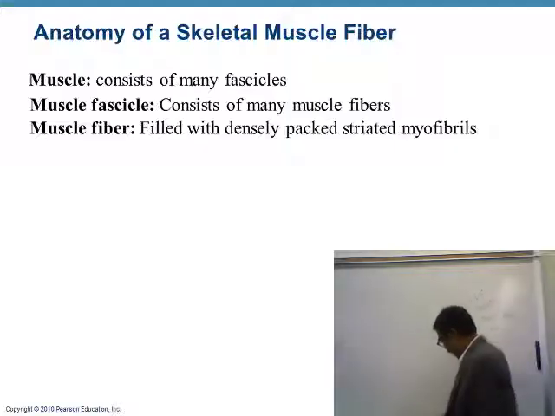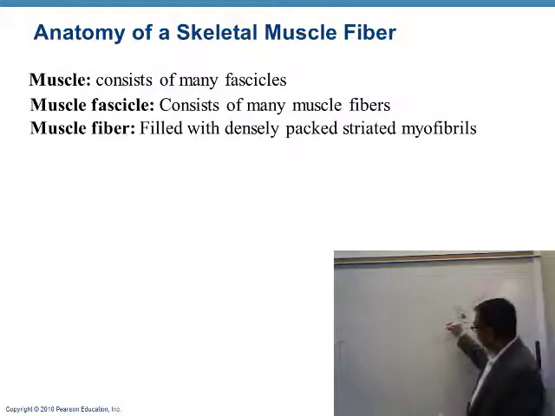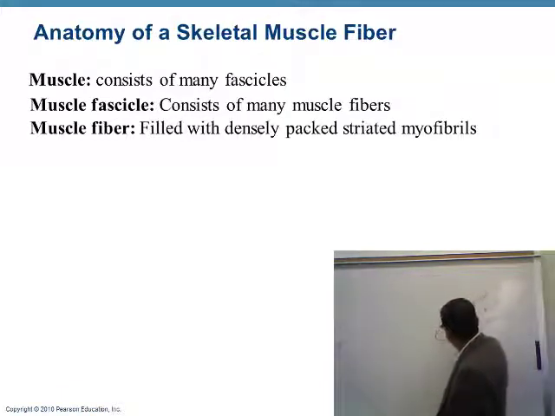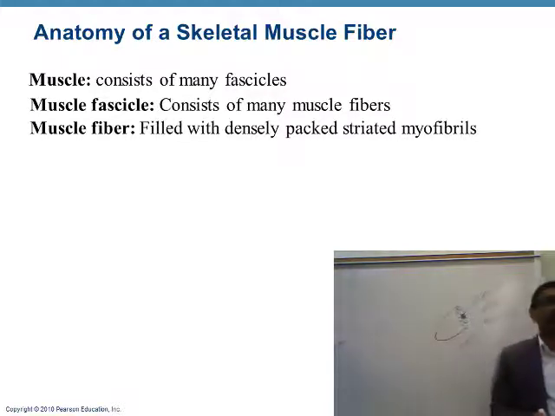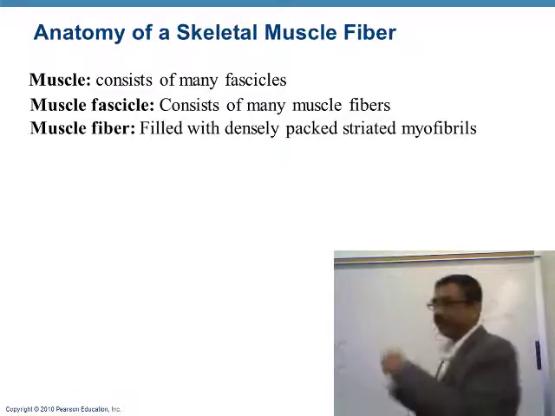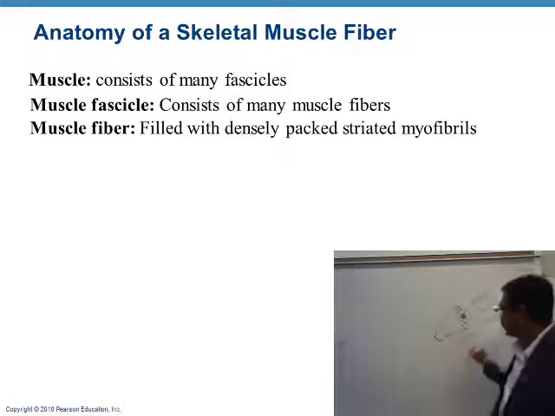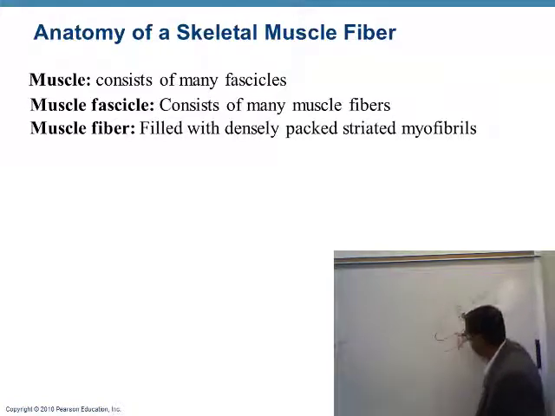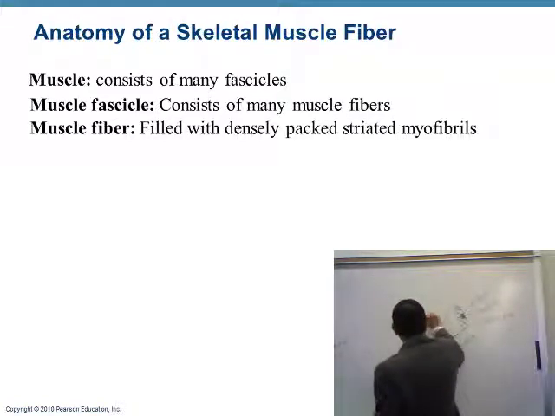Now, the whole muscle is covered by a connective tissue sheath or membrane that is called epimysium. You see the picture? Epimysium is the covering of the whole muscle. Okay.